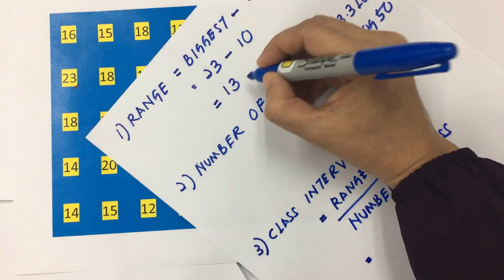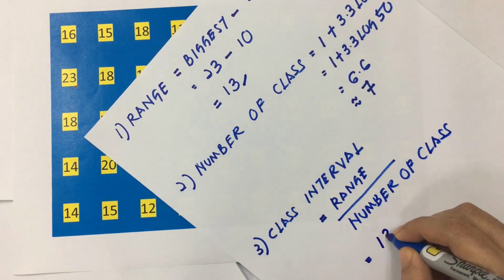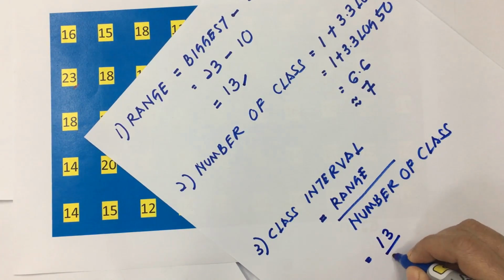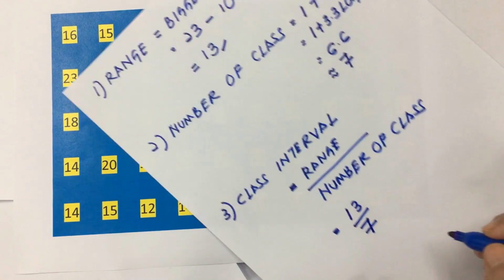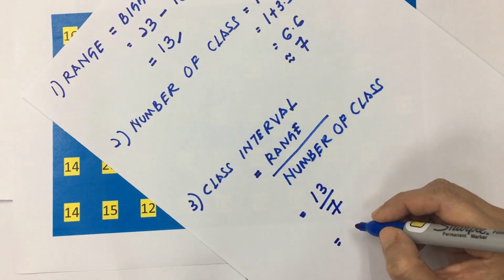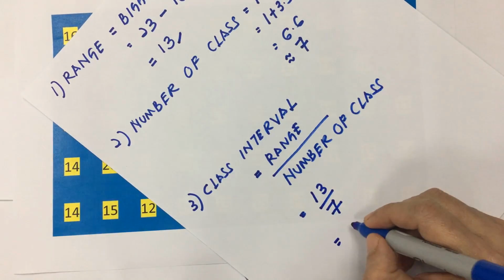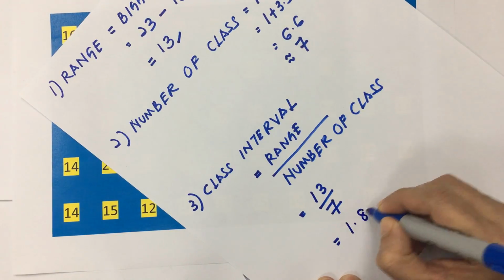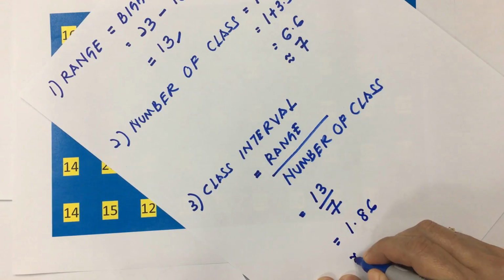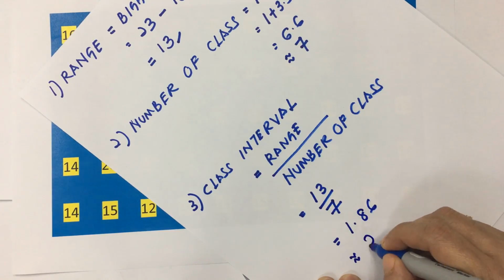Putting the range and the number of classes in this formula, 13 divided by 7, you get 1.86. Round to the bigger whole number, you get 2.